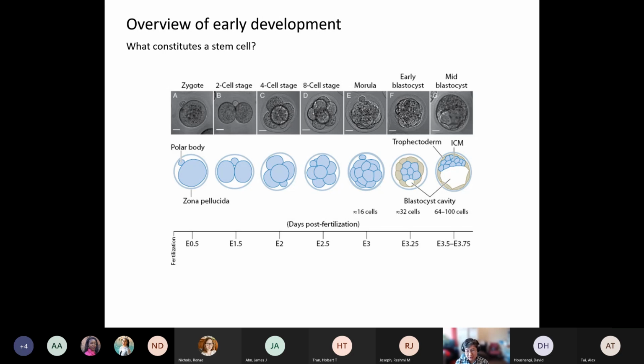The pluripotent stem cell, the cells isolated from an ICM, apparently is a stem cell by definition, because you can take the cell out and put it into culture. Apparently, the cells will self-renew. Even if you have just one cell, such as in my laboratory, we culture the cell.